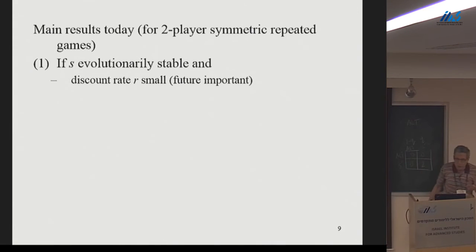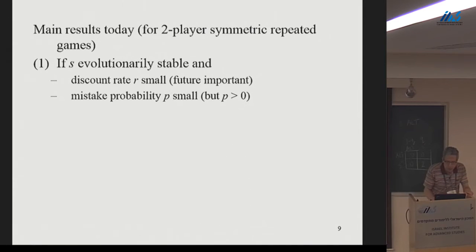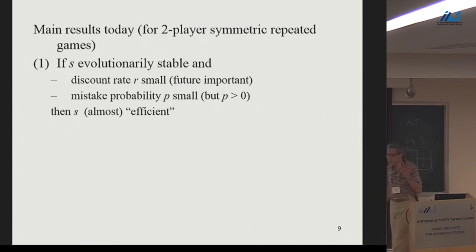So I'm going to work with discount rates, which are small. If a strategy is evolutionarily stable, the discount rate is small, and the mistake probability, p, is small but positive, then there's a sense in which S, the evolutionarily stable strategy, must be almost efficient. And I'll be more precise about this very soon.